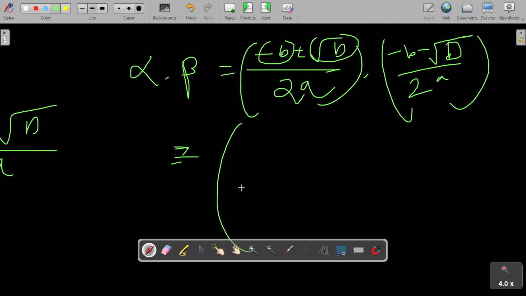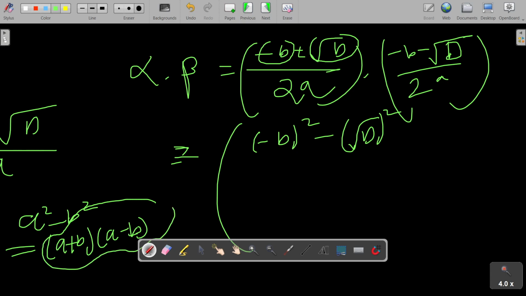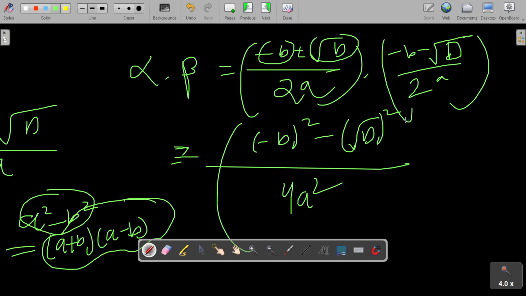So it becomes minus b whole square minus root d whole square. It is the identity a square minus b square is a plus b into a minus b. So minus b square minus root d square over 2 into 2, 4a into a squared.